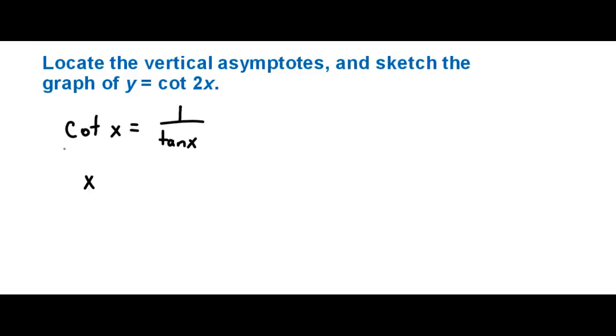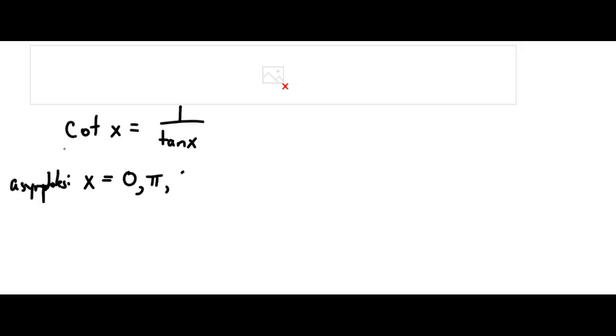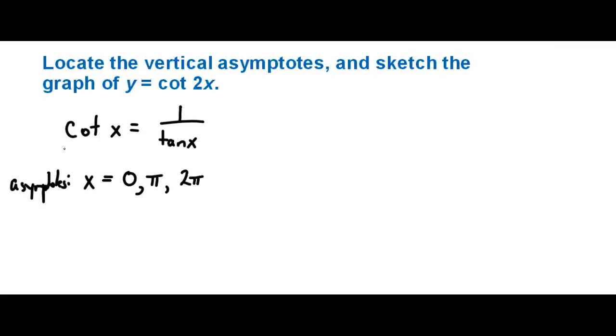So the asymptotes, where sine is equal to 0, would be at places like 0, pi, 2 pi, etc. So essentially multiples of pi.